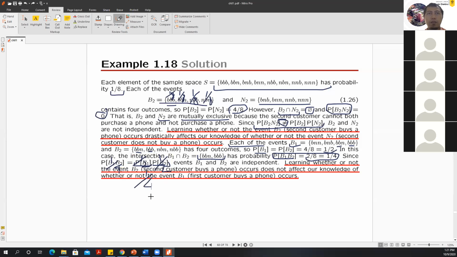That's why B1 and B2 are independent. Okay. I hope it's clear to distinguish between independence and mutual exclusivity.